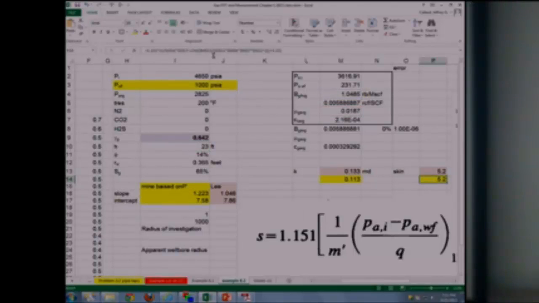And instead of grabbing their slope and intercept, I'm going to grab my slope, intercept, and my perm. And so I've kind of bracketed their skin of 4.8 with some data that's a little earlier and some data that's a little later, just to show some sensitivity there. Let's all catch up to that point.